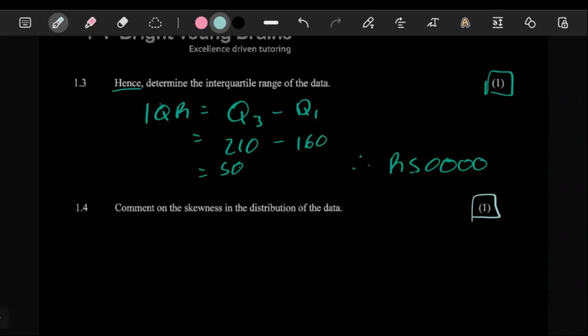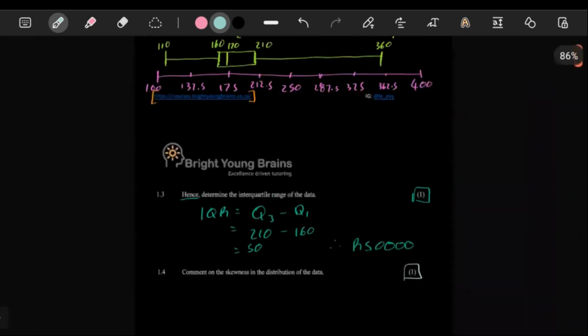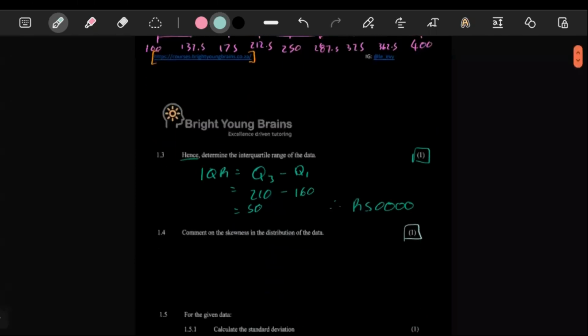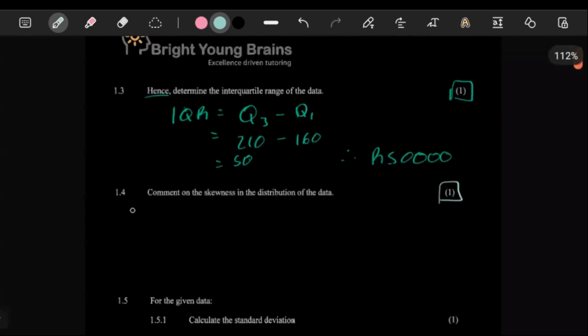You need to look at where your tail is, the part that's stretched out. This is on the right hand side. So if it's skewed towards the right hand side, you can just say skewed to the right. That's literally it. You get 1 mark.